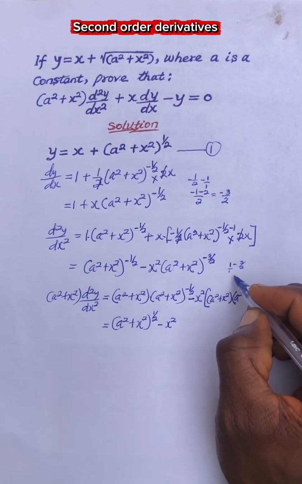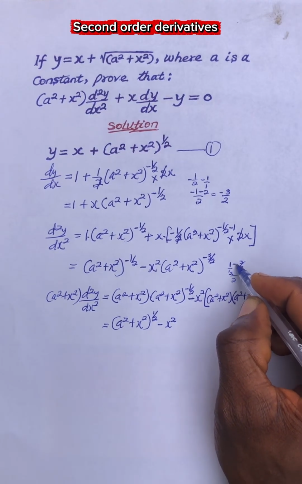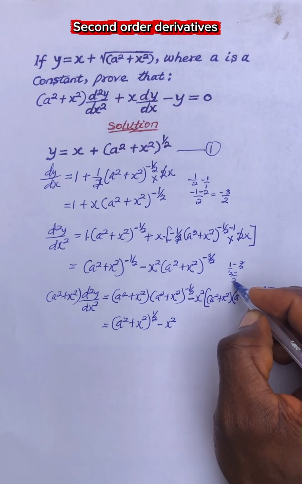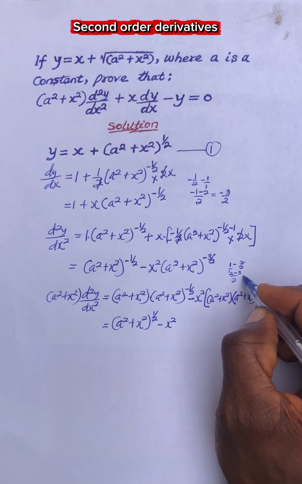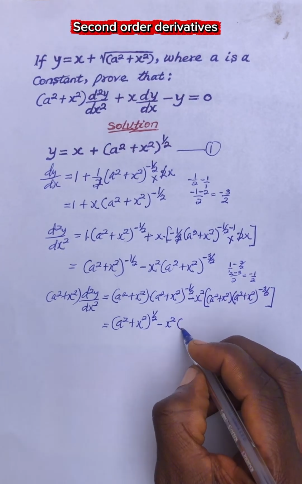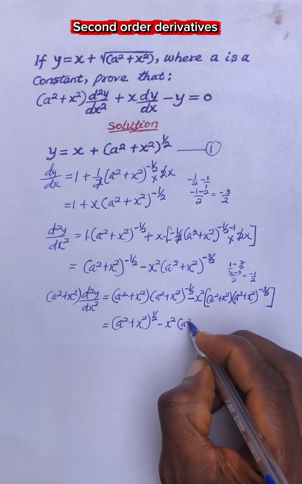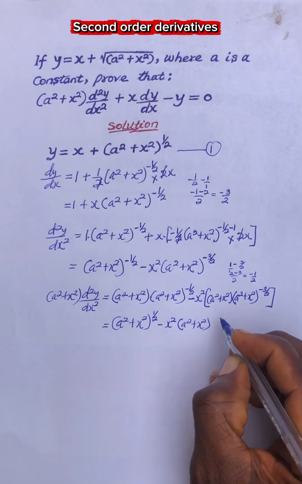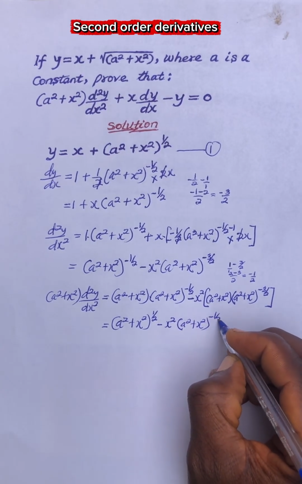The LCM becomes 2. 1 into 1, 1 time. 1 into 2, 2 times. 2 times 1, we have 2, the minus sign. 2 into 2, 1 time. 1 times 3, we have 3. So we have 2 minus 3 to have minus 1 over 2. Then, in place of this, we have (a squared plus x squared) all to power minus half.